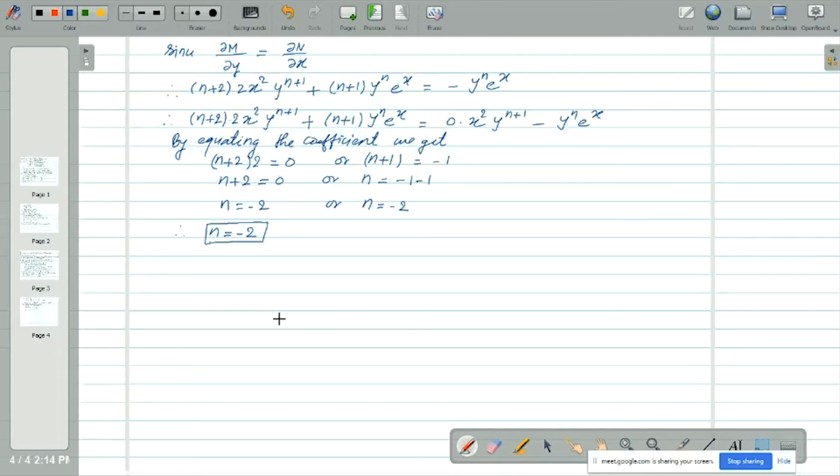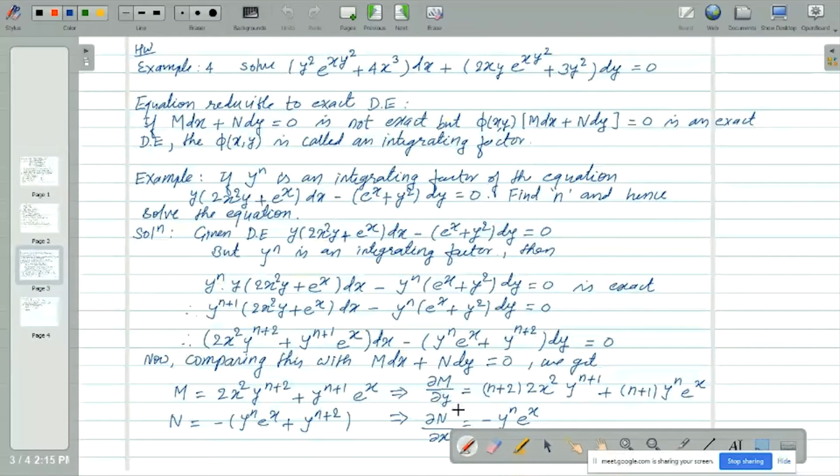Now when n equals minus 2, let us move to the previous page first. This became exact. Where have I written exact? Exact. Okay, suppose I call this equation number star. This is the equation number star. Now instead of n we put n equal to minus 2 in equation number star.